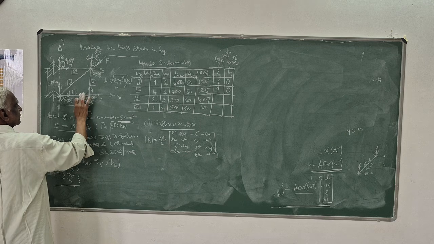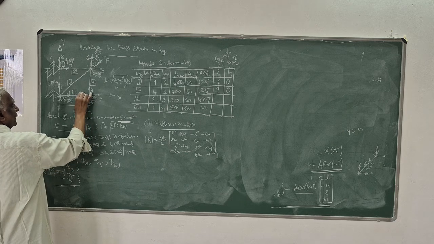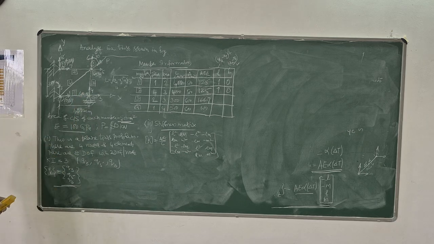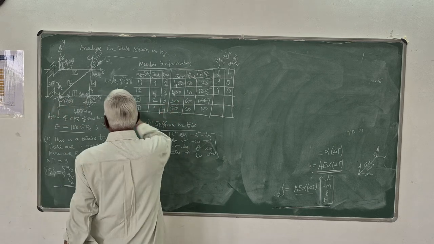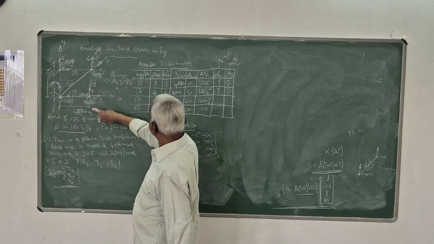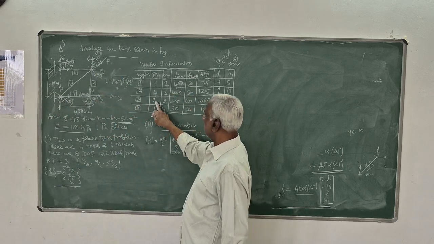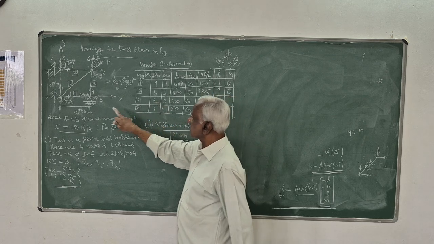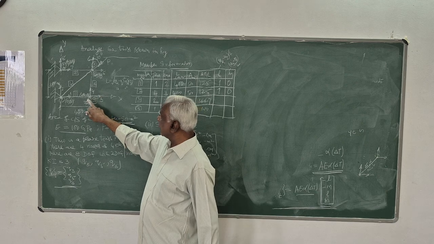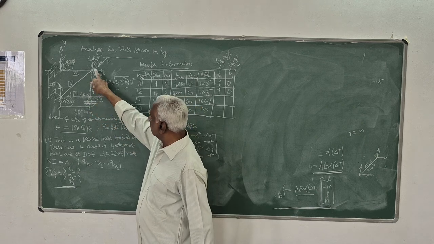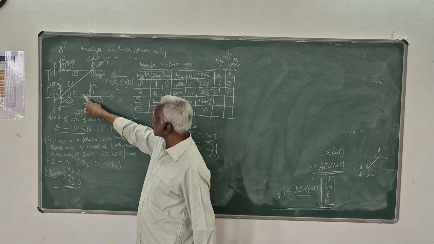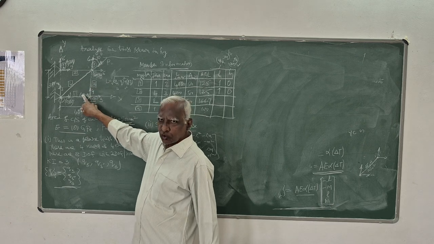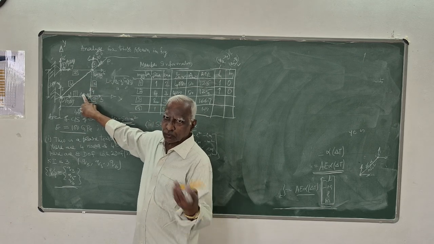400. That's all. So then for member 3, it is x3 minus x2, 400 minus 400. It is 0.